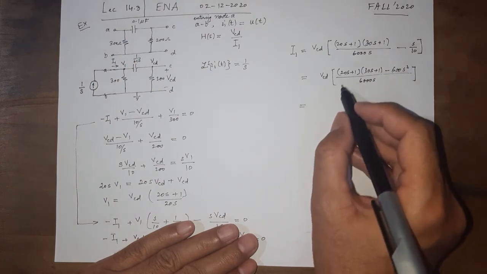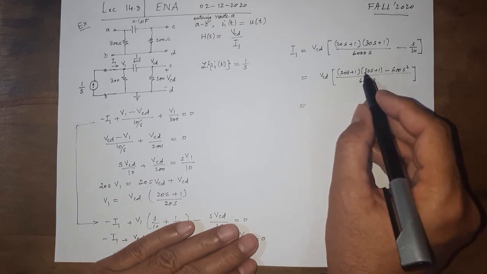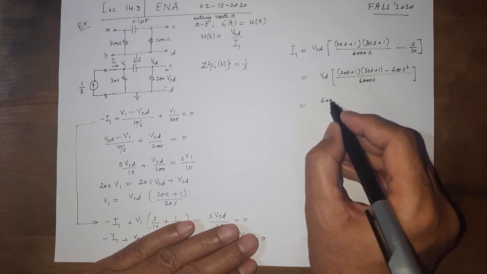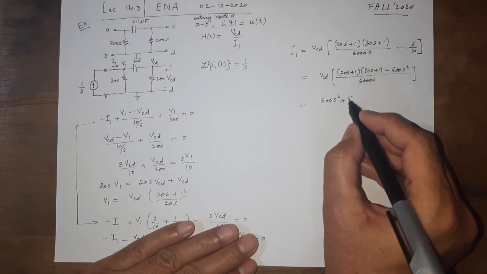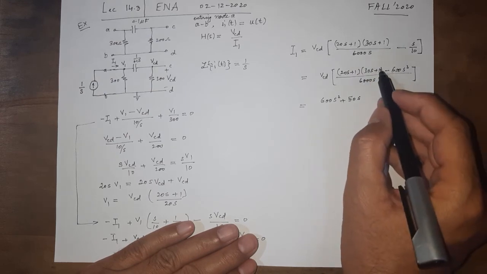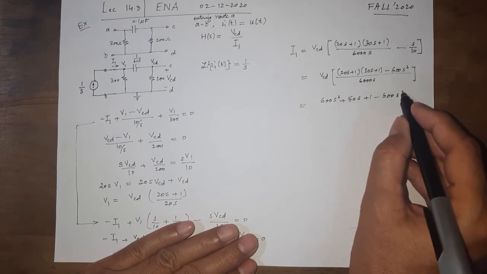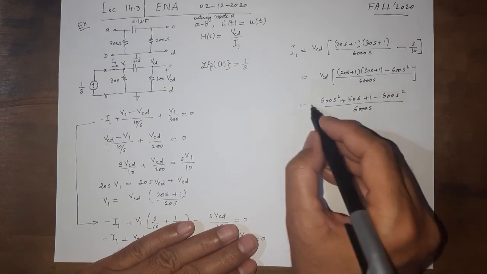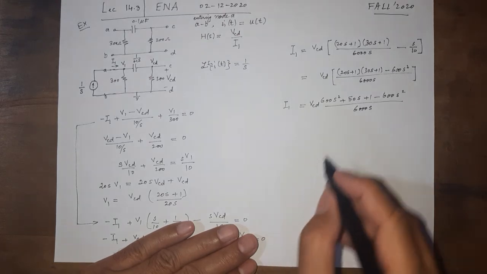Here we can see, okay, let us expand this. We are going to get 600 s square, and then this 20s, this 30s plus 50s plus 1 minus 600 s square over 6000 s, VCD, I1.